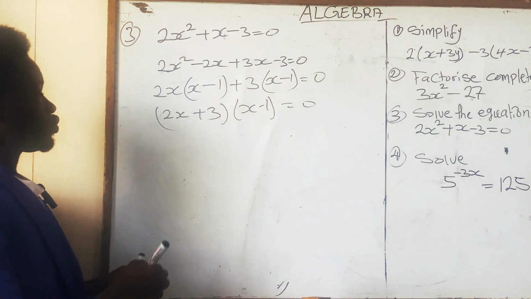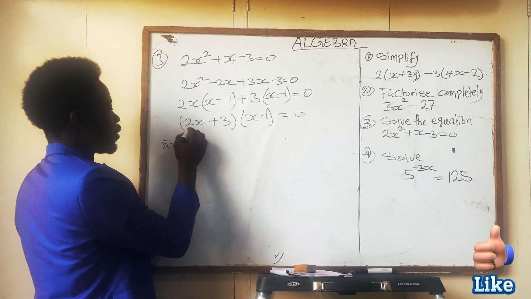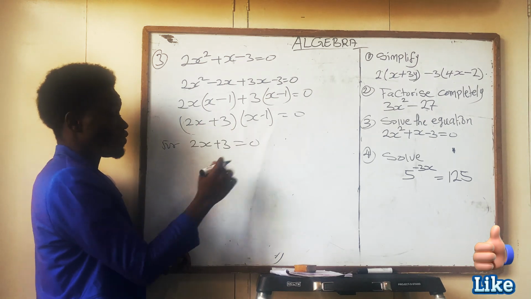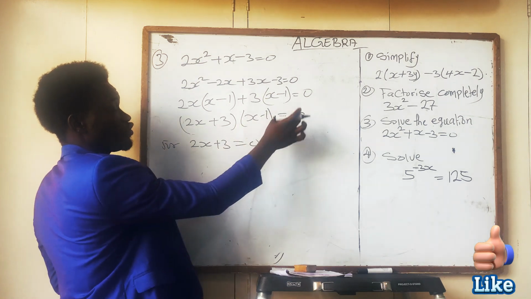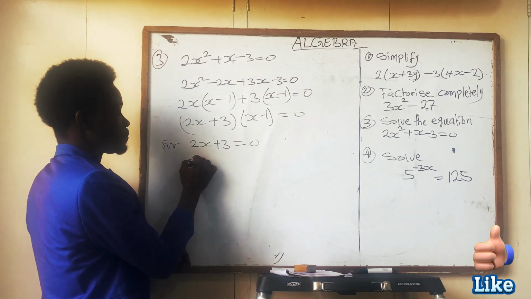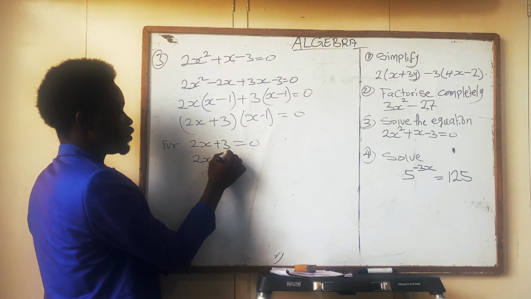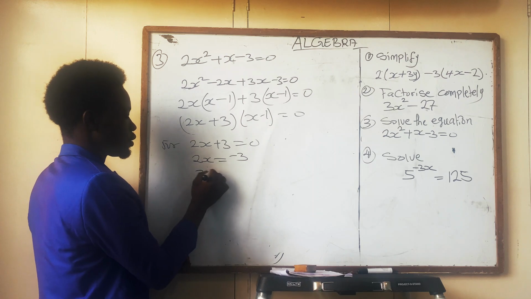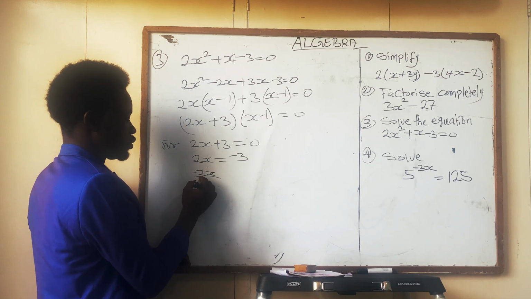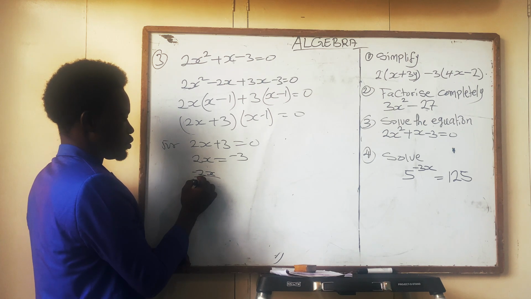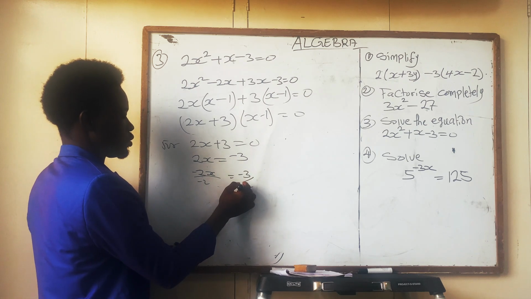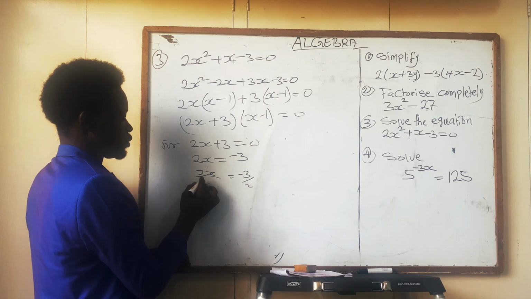Okay? So for 2x plus 3 equal to 0, we pick this bracket equal to 0 and find x. And then you pick this bracket equal to 0 and find x. So you have this, going across the equal sign is negative 3, and we divide through by 2.